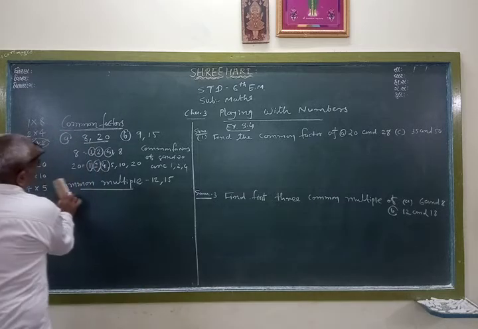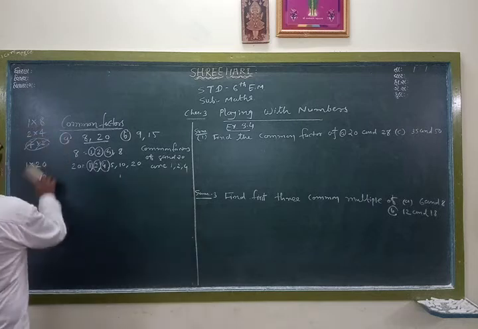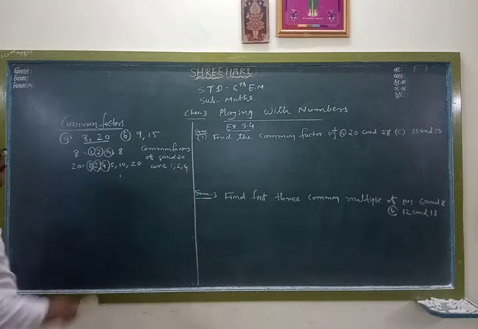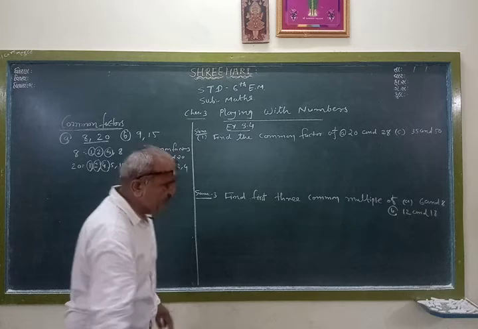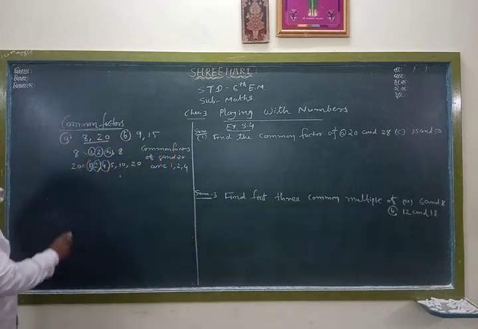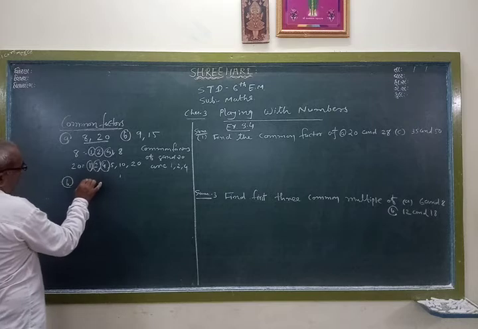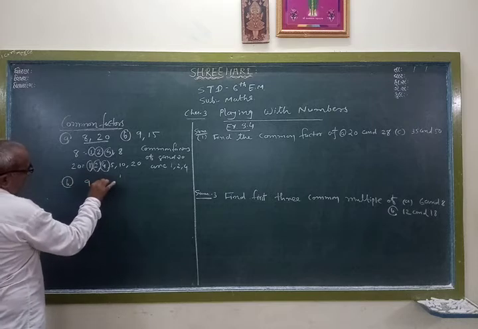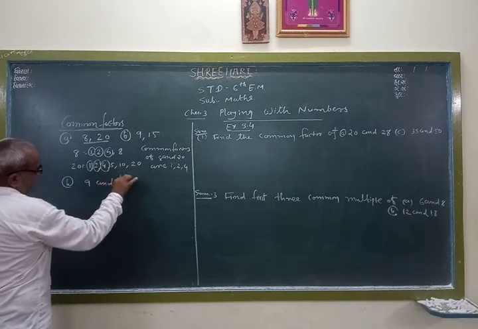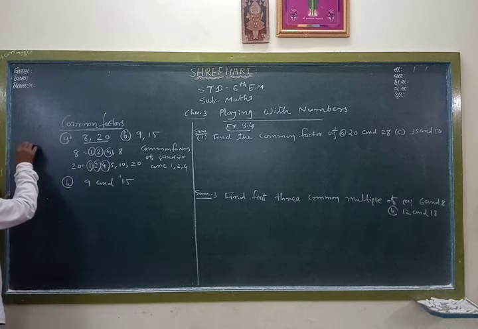we want to find the common factors of 9 and 15. First, 1 9 is 9.